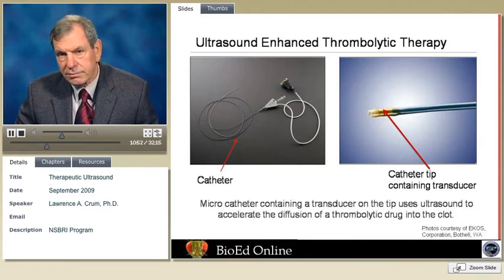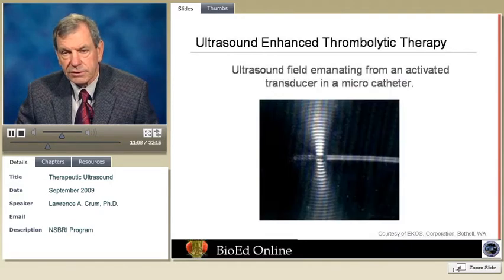And people do that, but it doesn't work quite that well because the drug that's put into the clot sometimes doesn't diffuse through the clot. And so what we've done is put this little ultrasound transducer on the tip, and you see now in this next figure where the ultrasound, once it's illuminated, causes very much more rapid diffusion of the drug into the clot.